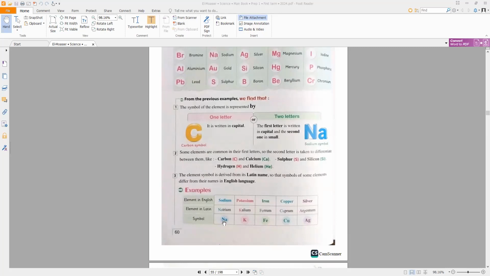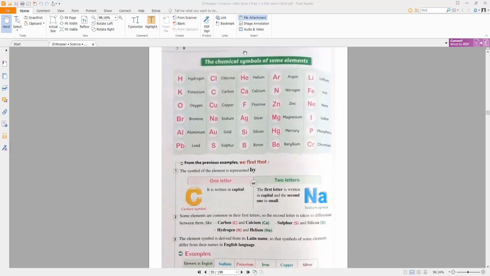So all symbols of elements are derived from their Latin names, not English names. Helium, He, because helium is both the English name and the Latin name.